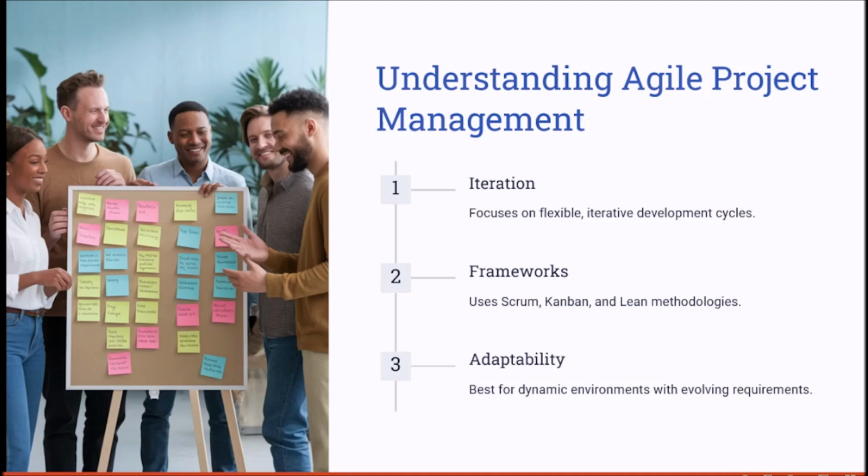Next, let's talk about the Agile project. Agile project management follows an iterative and flexible approach, allowing teams to respond to changing requirements throughout the project lifecycle. Agile frameworks like Scrum, Kanban, and Lean, don't worry because we are going to discuss each of these frameworks in the Agile section.